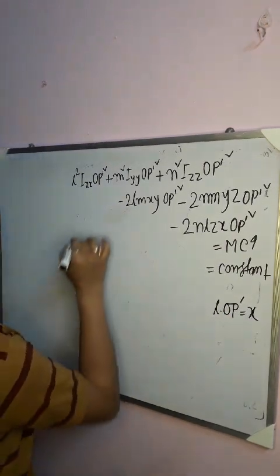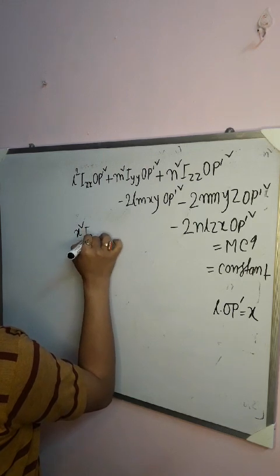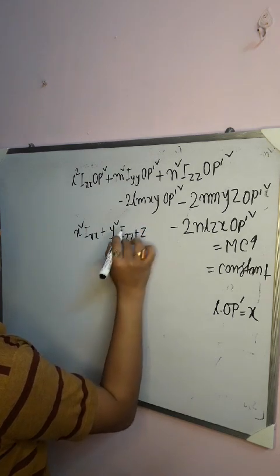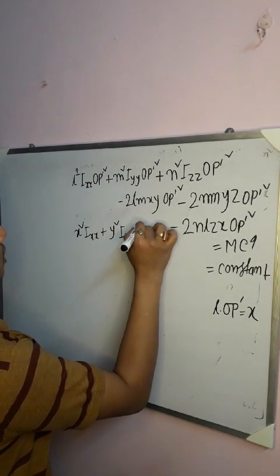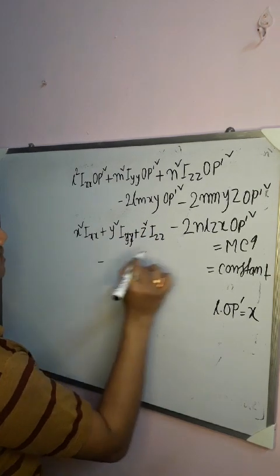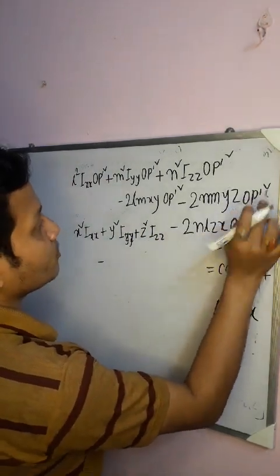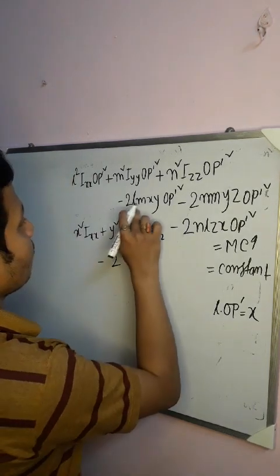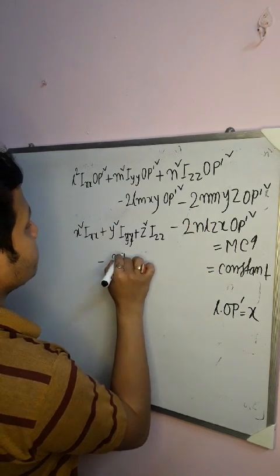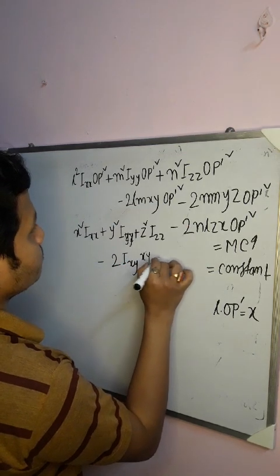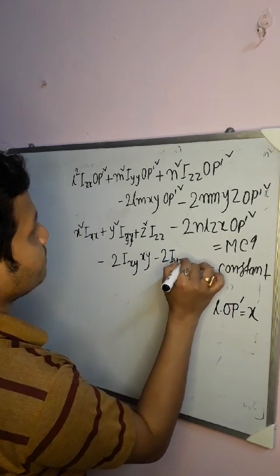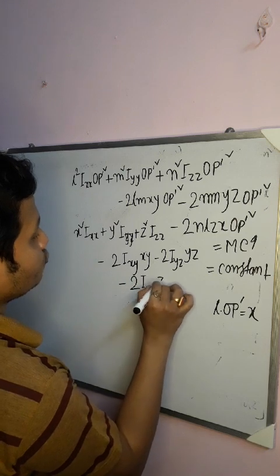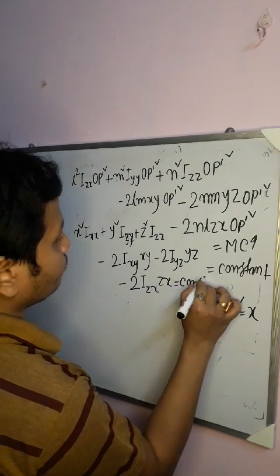So x square Ixx plus y square Iyy plus z square Izz minus, this can be written as lm into OP dash square, this is Ixy, 2 Iyz yz minus 2 Izx into zx, this equals a constant.